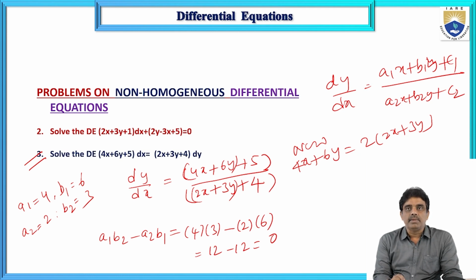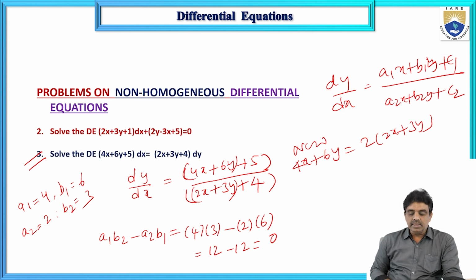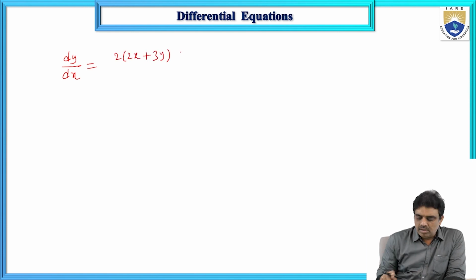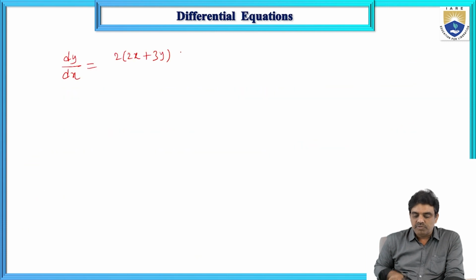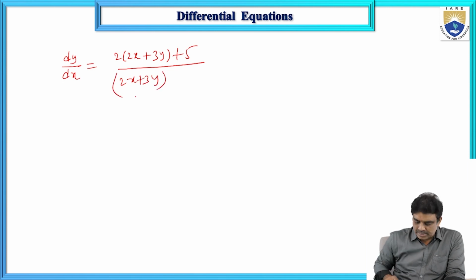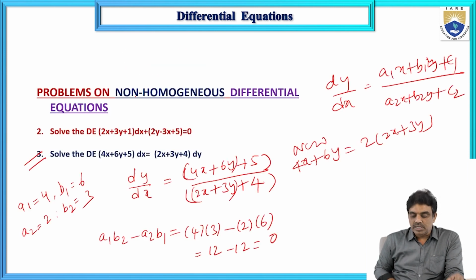Then the new equation becomes dy by dx is equal to 2 into 2x plus 3y plus 5 by 2x plus 3y plus 4.